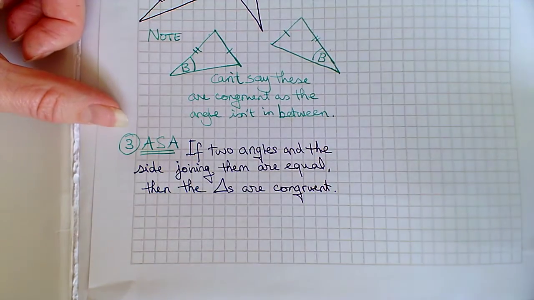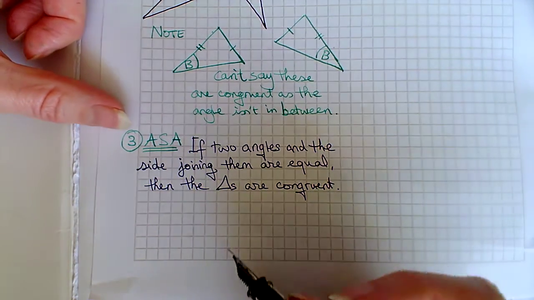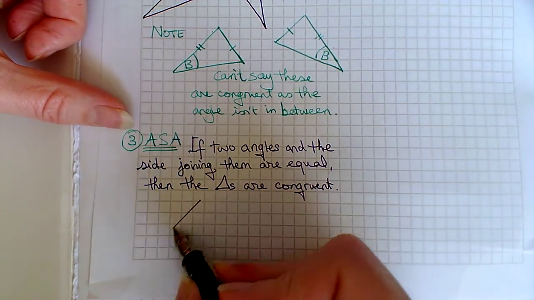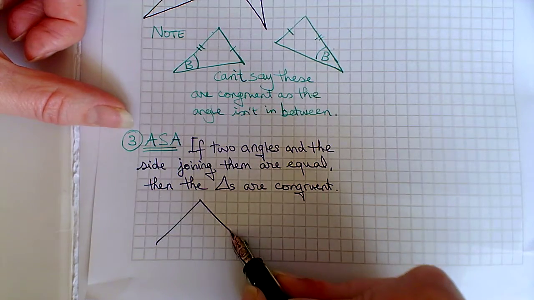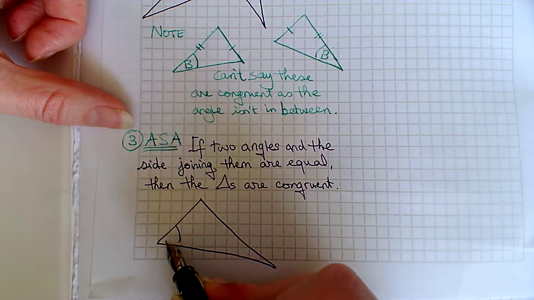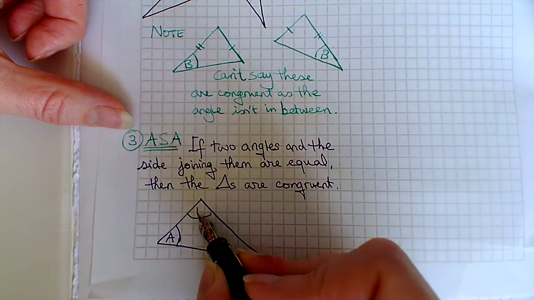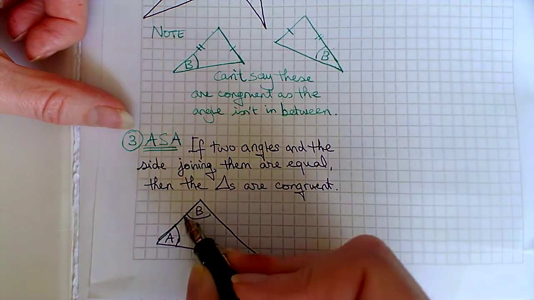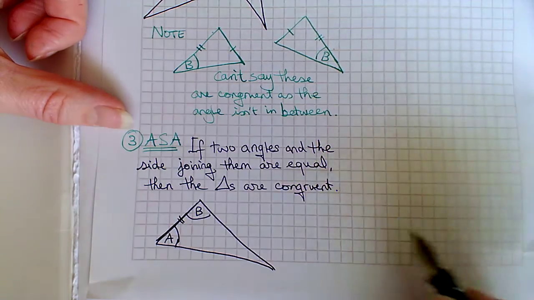Again, if the side that's equal is not joining the angles, then we can't say that they're congruent. So I might have a triangle like this, the angle A and the angle B, and the side joining them.